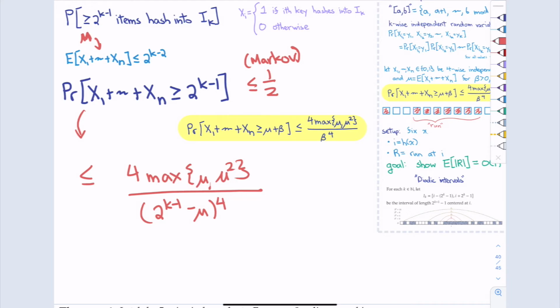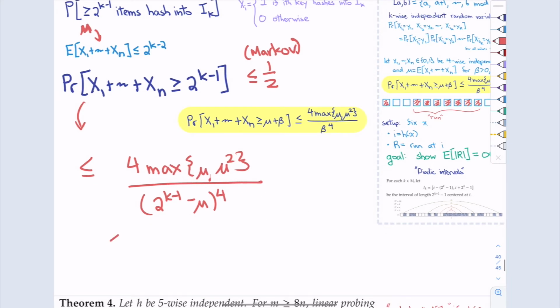All right, so mu is at most 2 to the k minus 2, right? So the 4 is not very important. The mu squared term becomes big, so I'm going to replace mu with 2 to the k minus 2, in which case the squared will dominate the non-squared one.